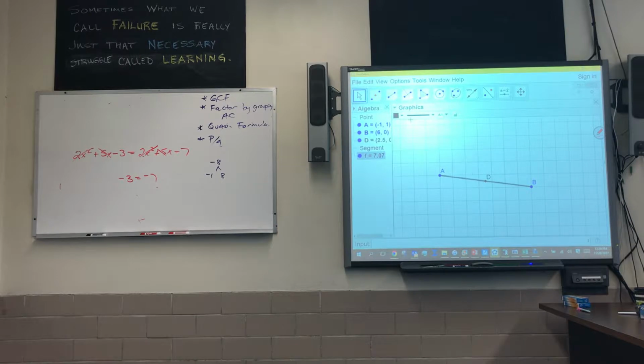When we look at this, any line or portion of a line that passes through D would be considered a bisector. Okay, and we've talked about this in the past.